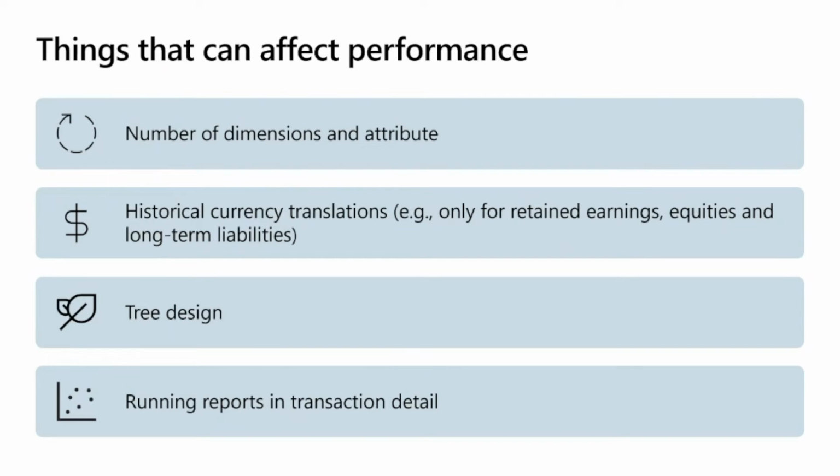The third thing is tree design. There were 3 components to the building blocks of a report, and the third one is a tree design. Now, how I like to explain this one is when you create a report with many levels in a tree, and I believe the example we saw earlier had 11 levels in the tree.